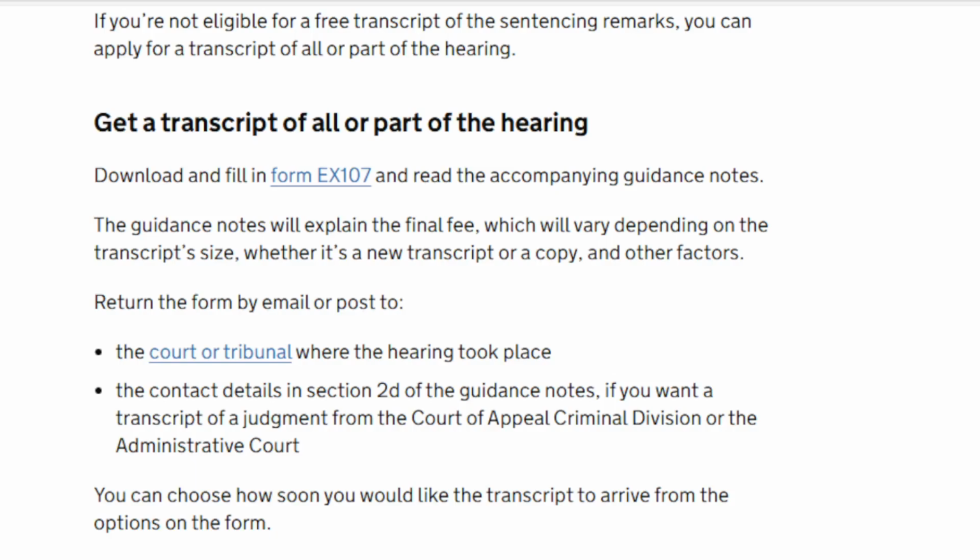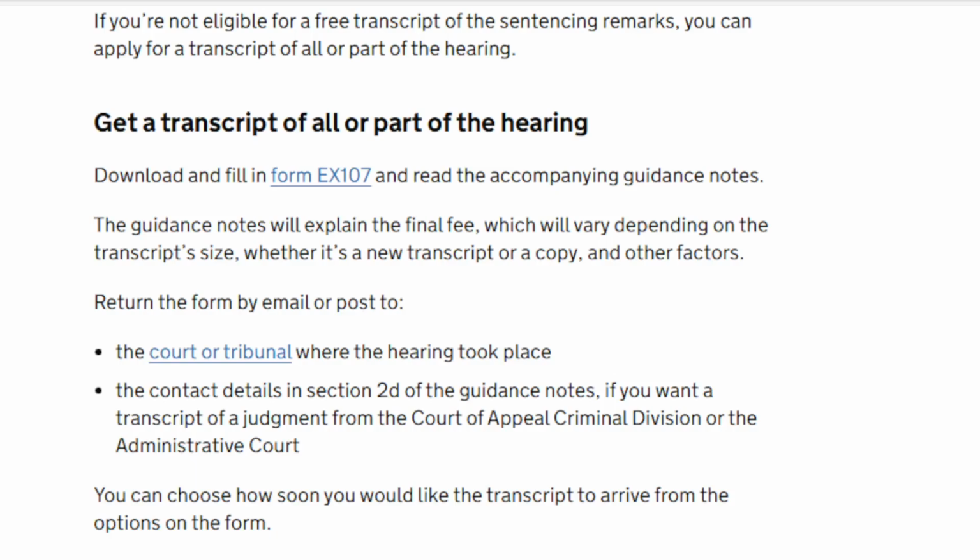Anyway, you download the form, you're about to look at it, you're about to complete it. You need to have certain information in your possession, mainly the names of the parties involved in the case. That's the first thing. Secondly, the court where the hearing was heard.